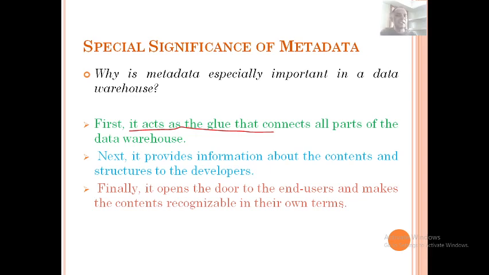Why is metadata especially important in a data warehouse? Because first, it acts as the glue that connects all parts of the data warehouse. Next, it provides information about the contents and structure to the developers.